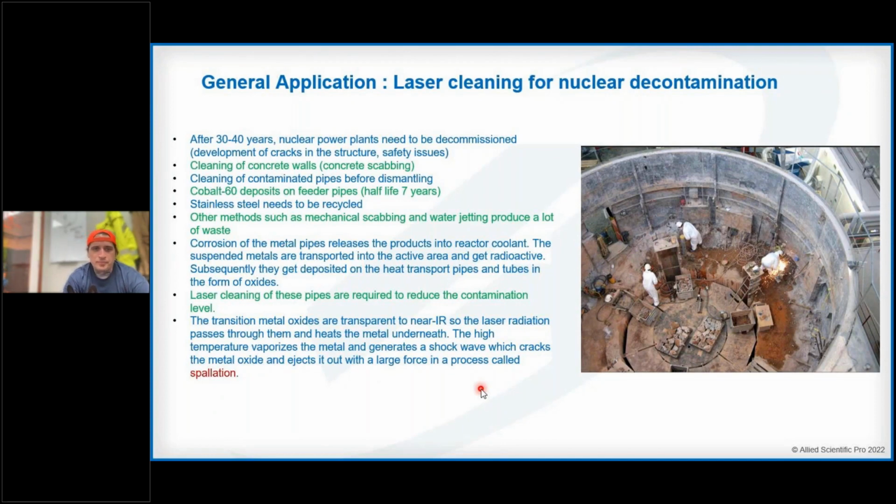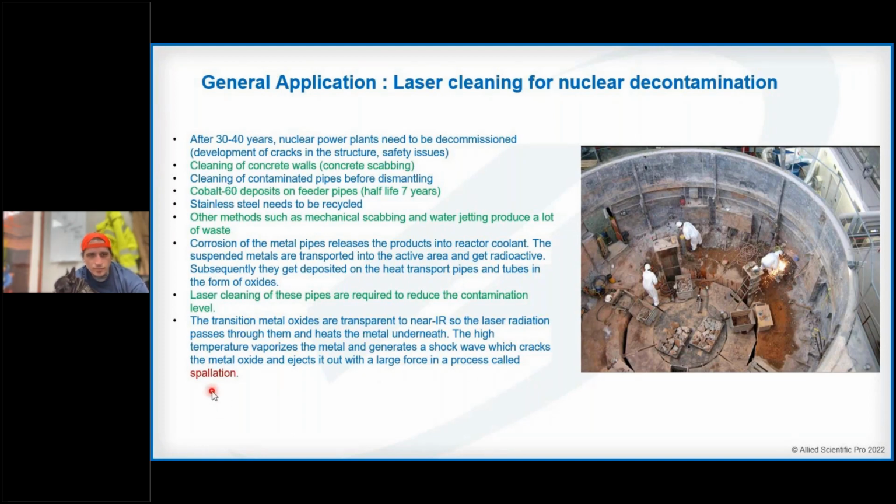So if you want to clean the metals or the tools, you need to remove these oxides. And these oxides are actually transparent to near IR laser. If you clean them with the near IR laser, it would basically get absorbed by the metal underneath, and then the shock wave would blast the oxide.